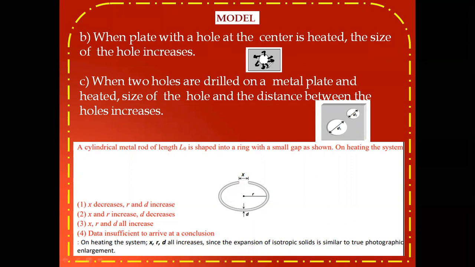So when the expansion takes place from the outside periphery of the circle, the plate size will increase like this, as well as the size of the hole also will increase. This is the way.